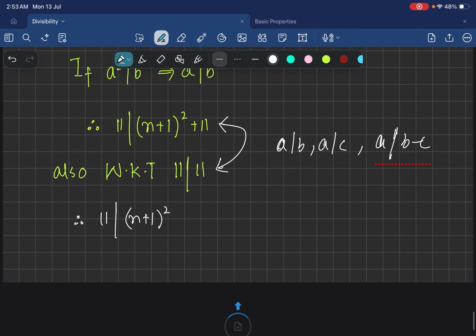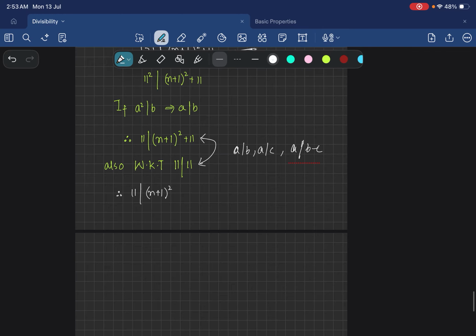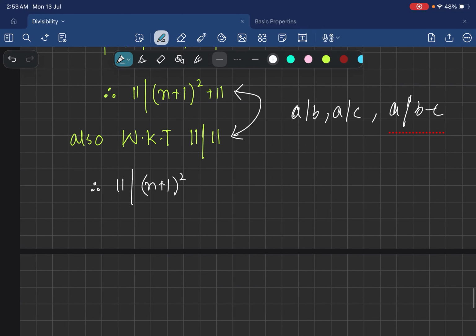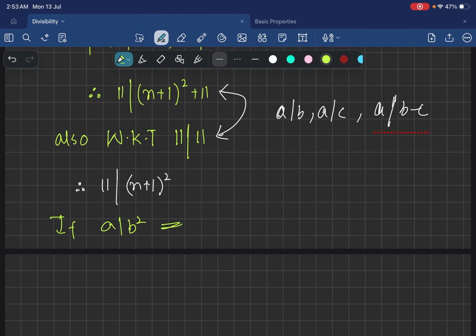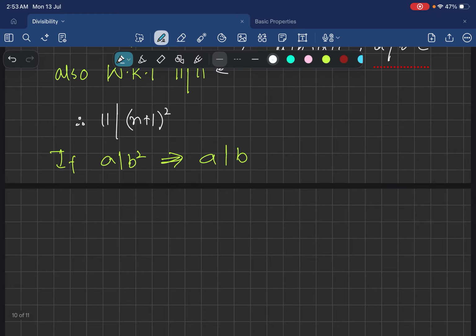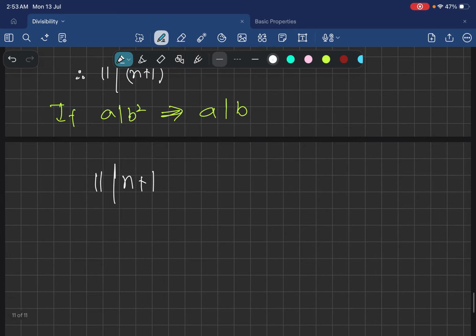So 11 divides n plus 1 whole square. Another property that I taught you: if a divides b square, then a must divide b. So 11 will divide n plus 1, which means that n plus 1 is a multiple of 11.